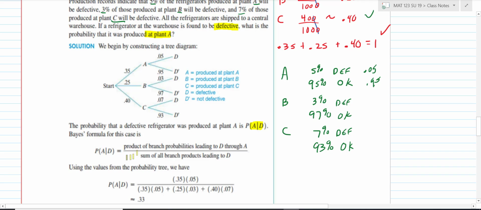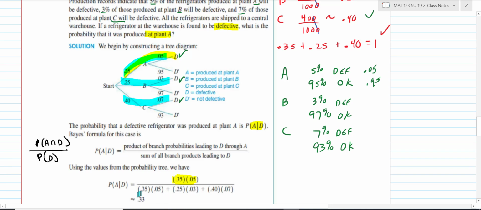So again, just like we did before, this is really the probability of A intersect D. That would just mean that you end up at D going through A. And then it would be over the probability of hitting D. Well, there's 3 different ways you can get to defective. So that branch would go there, there, and there.